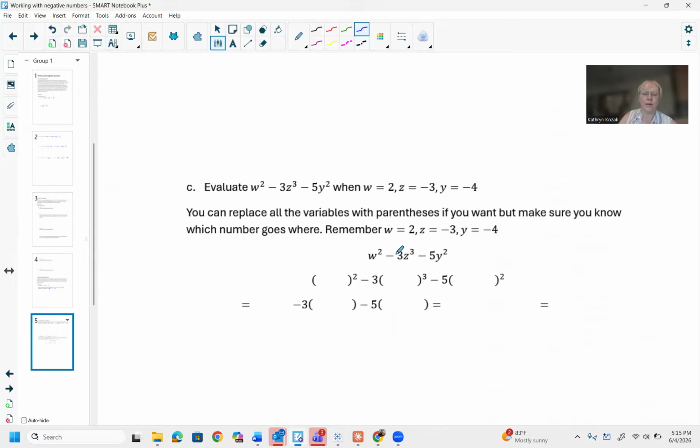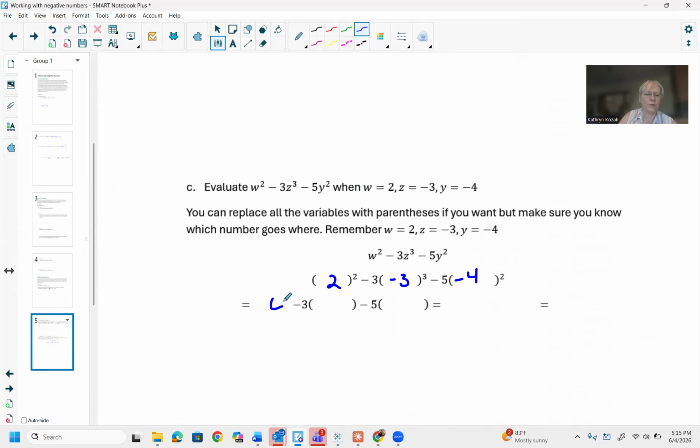So w squared minus 3 times z cubed minus 5 times y squared gives me 2 squared minus 3 times the quantity negative 3 cubed minus 5 times the quantity negative 4 squared.